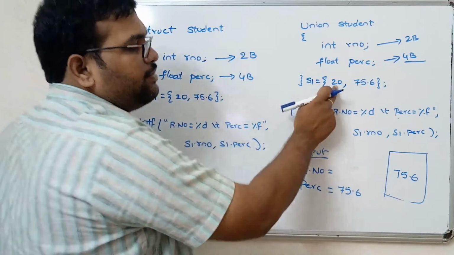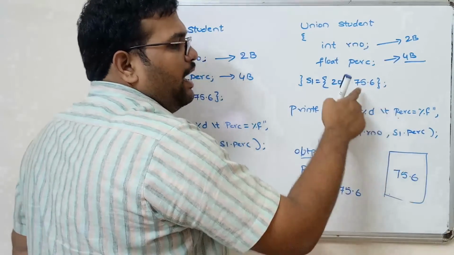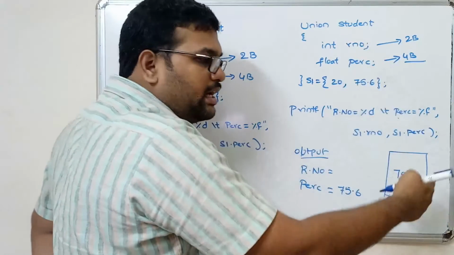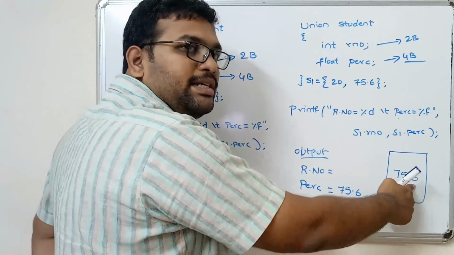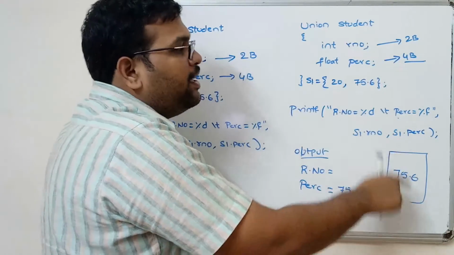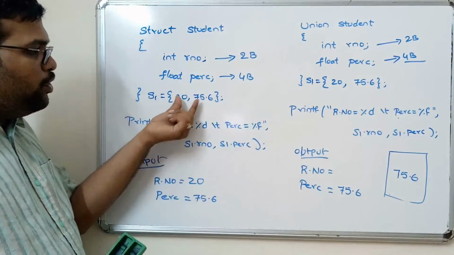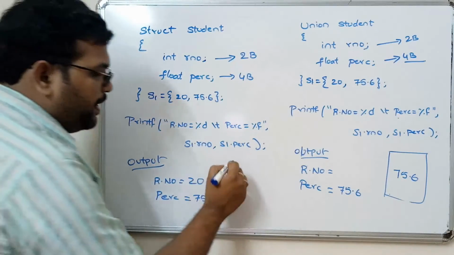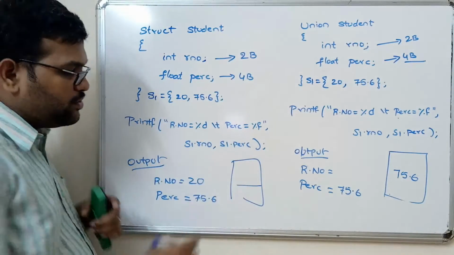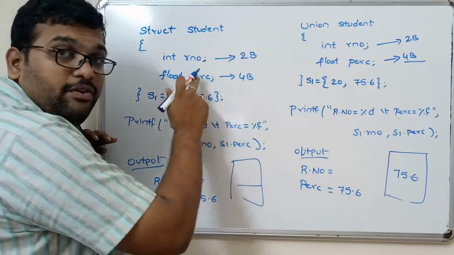That will be the recent value which is assigned to the union variable. So here first 20 is assigned to the roll number, so first 20 will be there, and immediately after assigning 75.6 to the percentage, that 20 will be replaced with 75.6, because the 4 bytes of memory is shared between roll number and percentage. And coming to the structure, the memory occupied is for both integer and float values, that means the total size of the individual members.